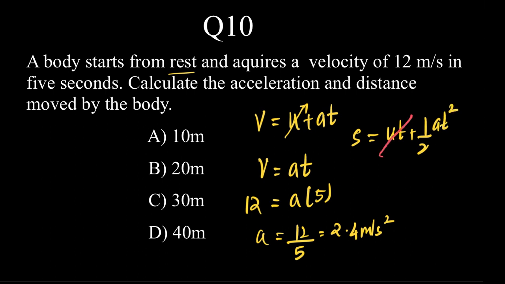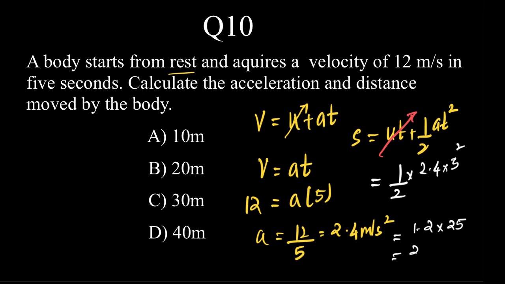Again, ut disappears. What we have is equal to half. What is the value of a? a is 2.4. What is the time? Time is 5 seconds, so this becomes 5 square. So basically what we have is 1.2 into 25. How can we make the calculation simple?